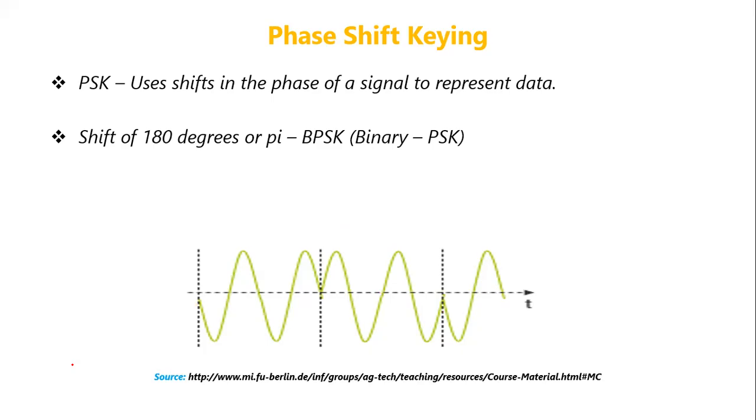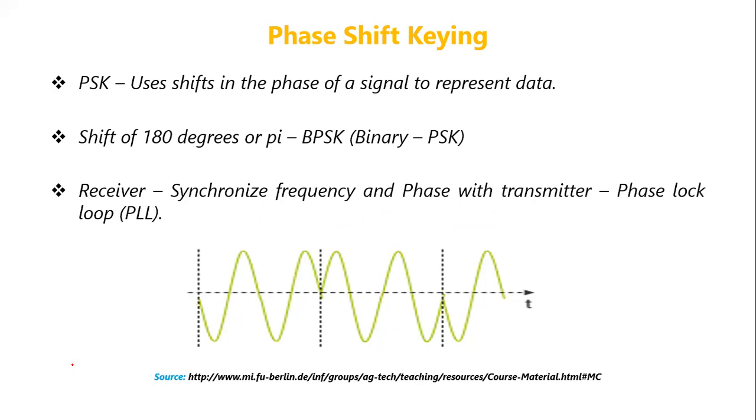At the receiver end, to receive the signal correctly, the receiver must synchronize with the sender's frequency and phase. This is done by a technique called phase lock loop, PLL. So this is the concept of phase shift keying.